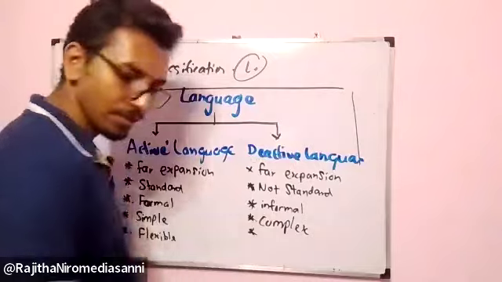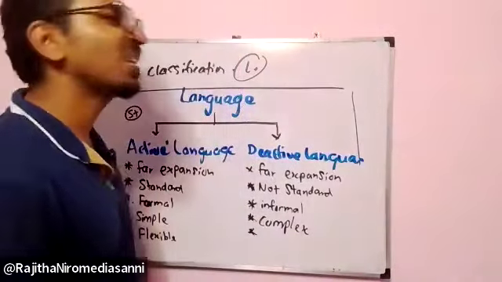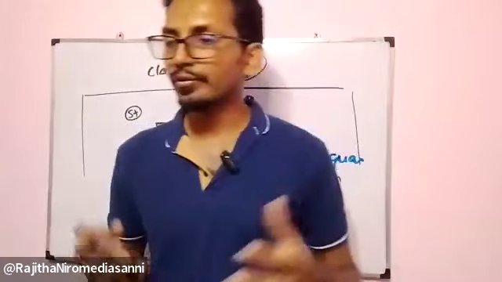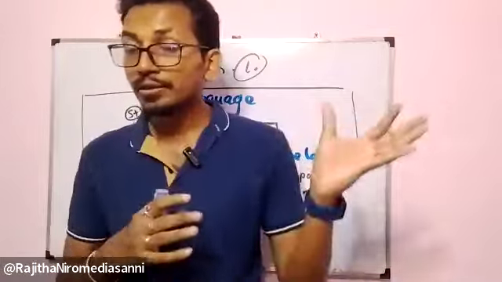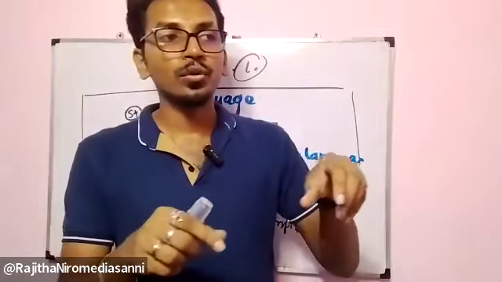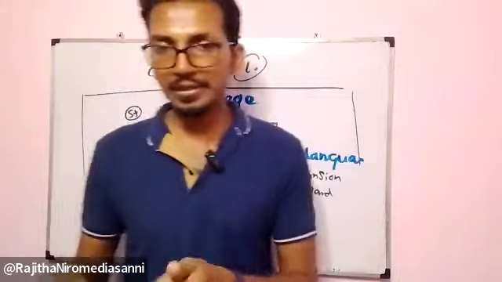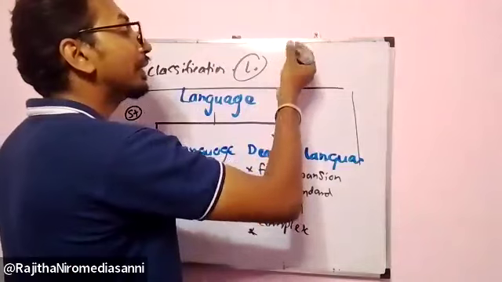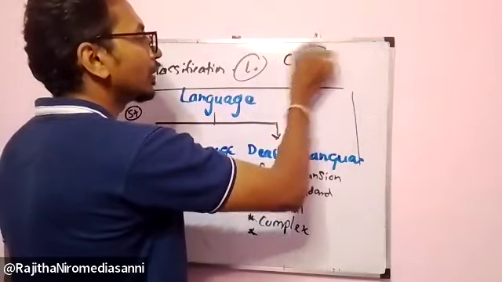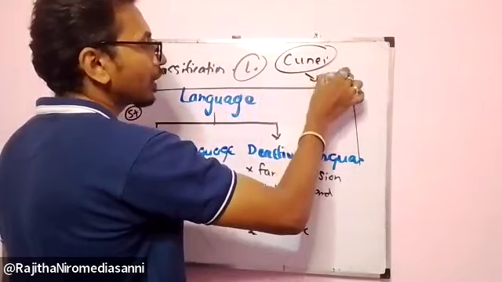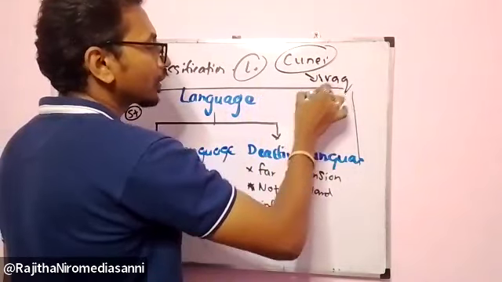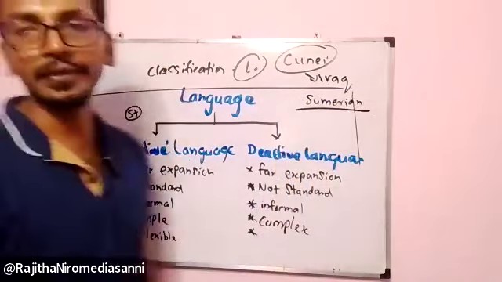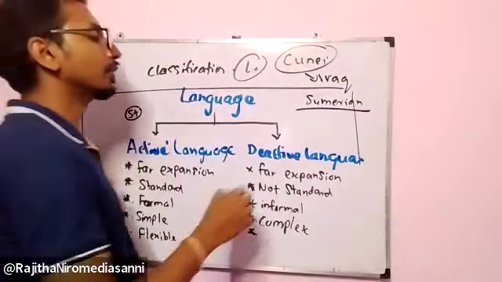But with deactive languages, sometimes we can't use them properly. Why? We don't know the actual pattern, or sometimes we don't know the old alphabet to write some words. As an example, the first written language is cuneiform, from Iraq, the Sumerians. It's a tribal ancient language, the first language in the world.